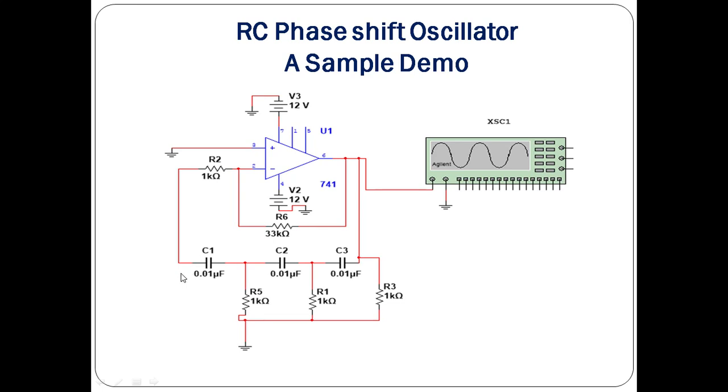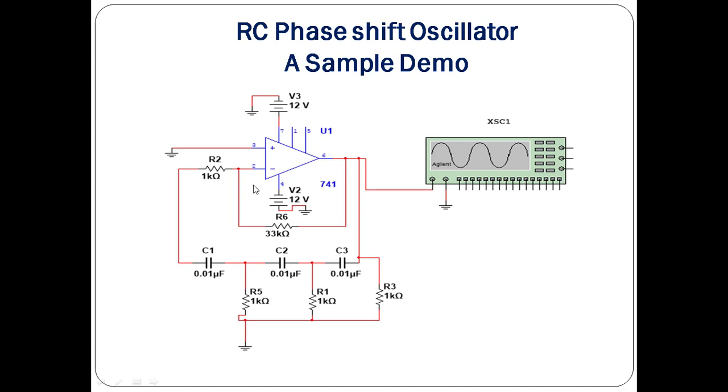The output you get from this network will be an attenuated signal by a factor of 1 by 29. If you apply 2 volts at the input of the network, at the output you will be expecting 1 by 29th of that particular input. So there is an attenuation, the input signal will be attenuated 29 times.